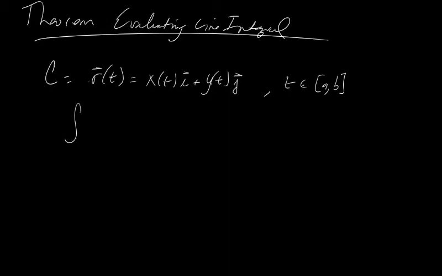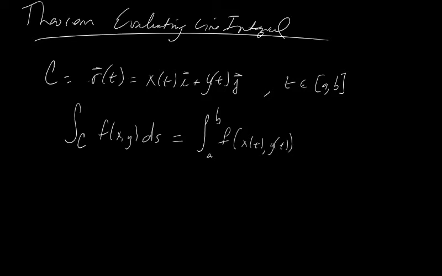Then the integral over C of f of x, y ds is equal to the integral from a to b of f of x of t, y of t, times the magnitude of r prime of t, so the square root of x prime of t quantity squared plus y prime of t quantity squared dt. Okay, and this does extend into three dimensions.